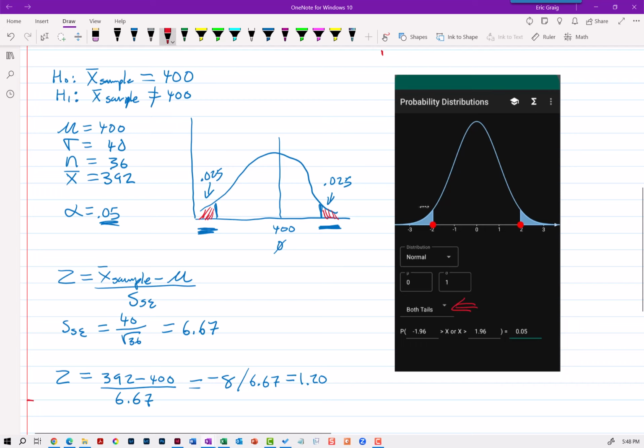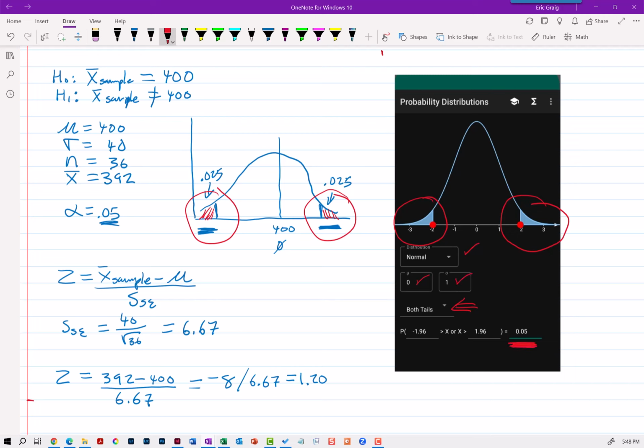And our diagram that the calculator produces looks just like the one that we produced, so we know we set the problem up correctly. Again, we've checked the normal distribution, 0 for the mean for the z distribution, 1 for the standard deviation of the z distribution. We enter that 0.05 alpha level over here, and it gives us the lower boundary and the upper boundary. I'll write those in.